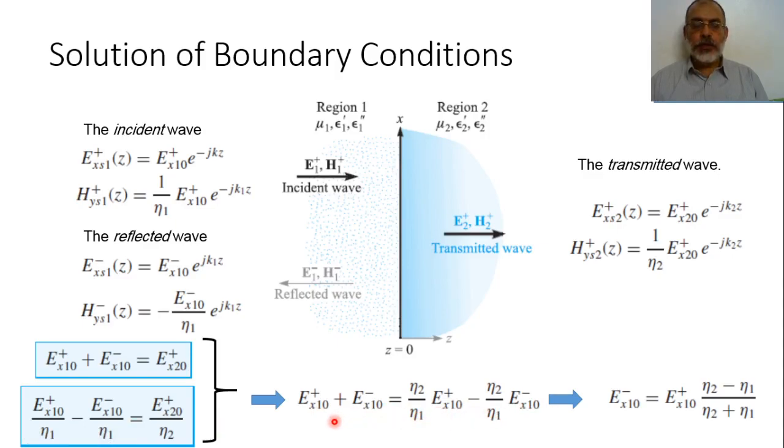Now, this relation is a relation between the incident field and the reflected field only. So we can arrange it such that the value of the reflected field Ex1 minus, by getting this term on this side and this term on this side, we can say that Ex10 minus, the amplitude of the reflected field, equals the amplitude of the incident field multiplied by eta 2 minus eta 1 over eta 2 plus eta 1.